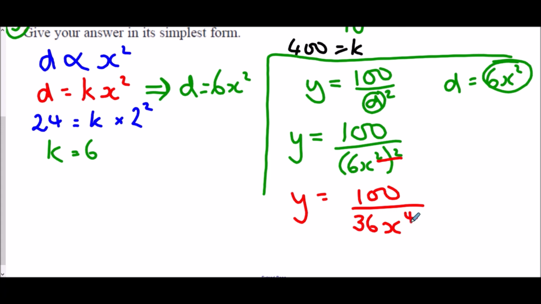But still, that's not as simple as it could be, because there is a common factor between 400 and 36. The common factor there is 4. So if I divide both parts by 4, I get 100 as the top, and I get 9 x to the power of 4 on the bottom. And so my final answer here is y equals 100 over 9x to the power of 4.